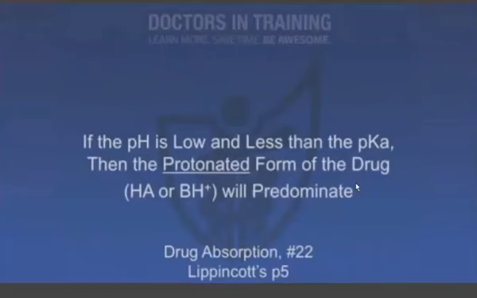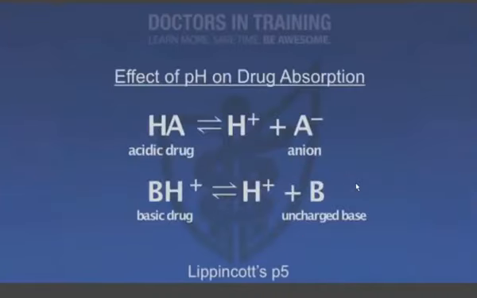So again, if the pH of the drug's environment is lower than the pKa for that drug, then the protonated form of the drug will predominate. If you look at that acid slide, the protonated form of an acidic drug is the acid, the HA.